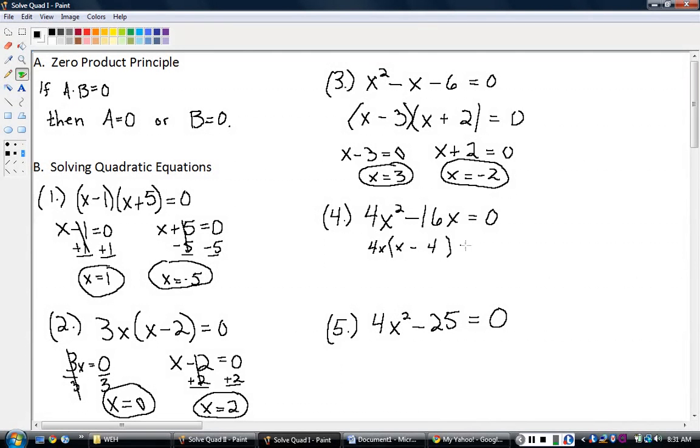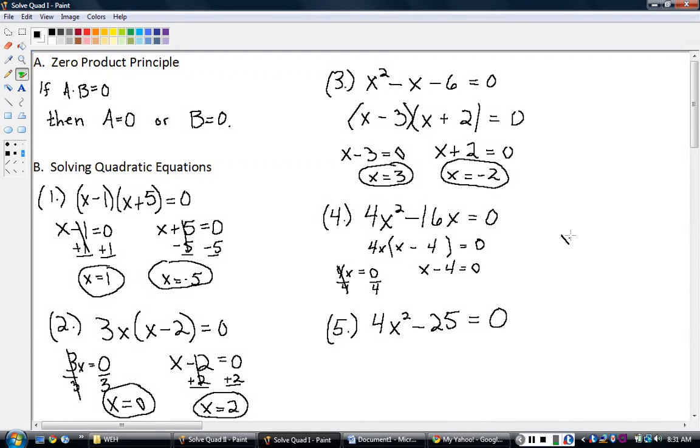Okay, that one looks a little bit like the difference of squares, but it's not. Once I factor the common factor, then it's not factorable anymore. So now I go on to my next step. I set each factor to 0. 4x equals 0. x minus 4 equals 0. And get my two solutions, divide this one by 4 to get x by itself.